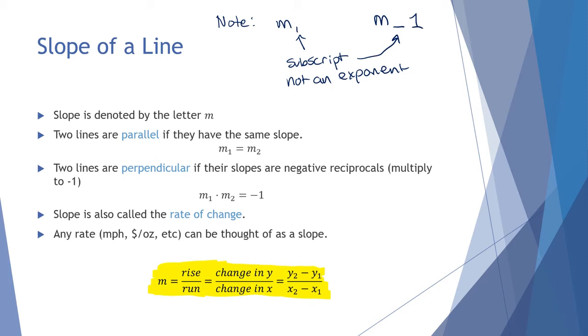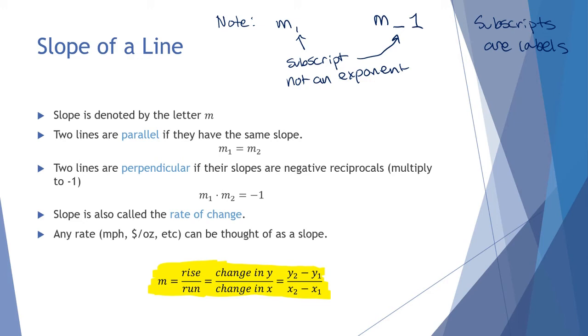So it's a different symbol when you're writing a subscript. And these are labels. So subscripts are labels. We're just labeling these things. So when we say the formula y2 minus y1, that's y of the second point minus y of the first point. So the 1 and 2 represent the first point and the second point, because you need to have 2 ordered pairs to figure out the slope between them.